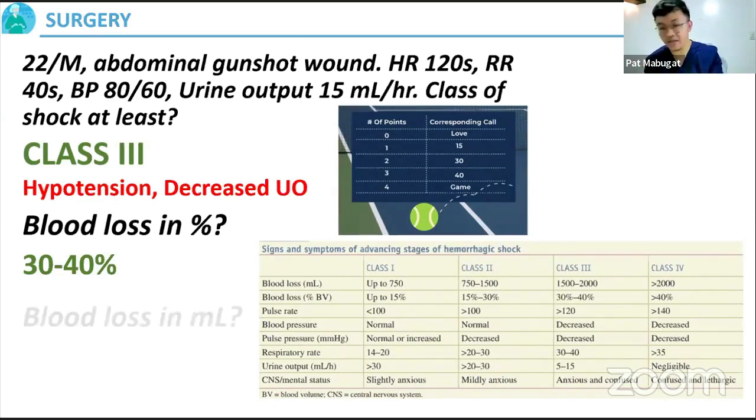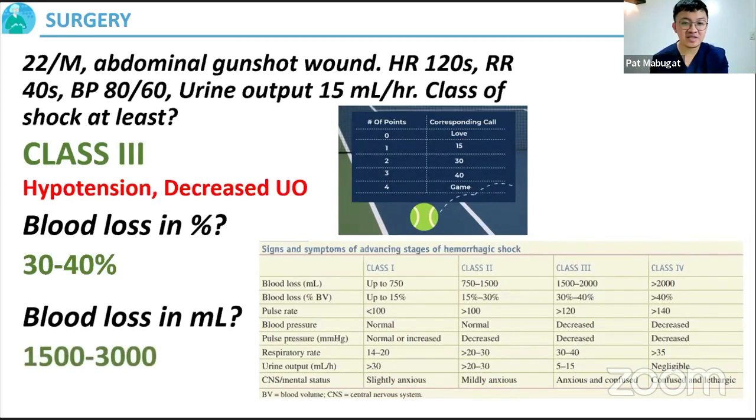How about in ml? A good way to remember this is we just divide the percentage by 2. For class 1, it's 15%; 15 divided by 2 is 7.5, so 750 ml. Class 2, 15 to 30: 15 divided by 2 is 7.5, 30 divided by 2 is 15, so we get 750 to 1,500.